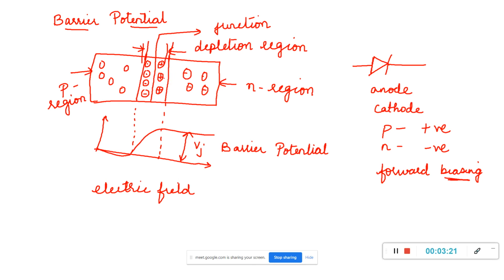It is also known as the junction potential or the cut-in voltage of the PN junction.